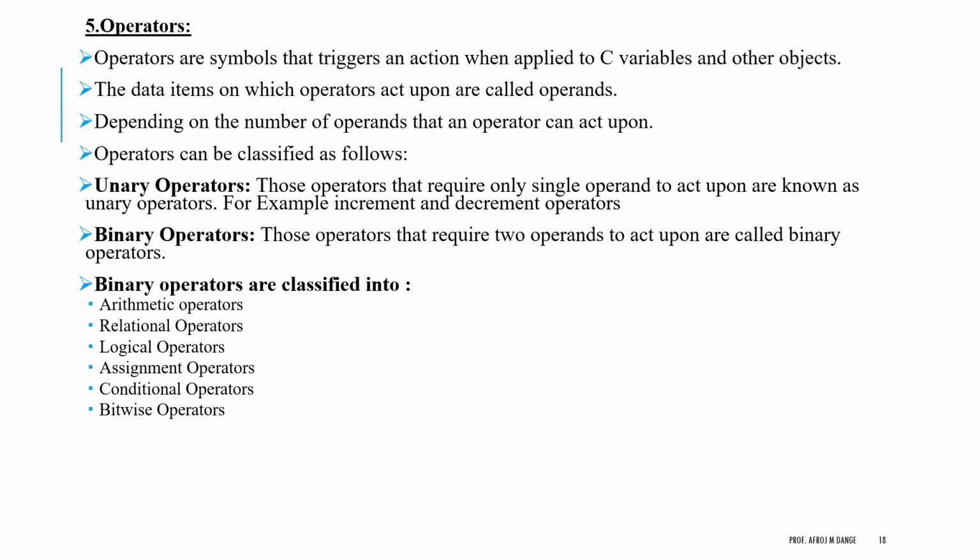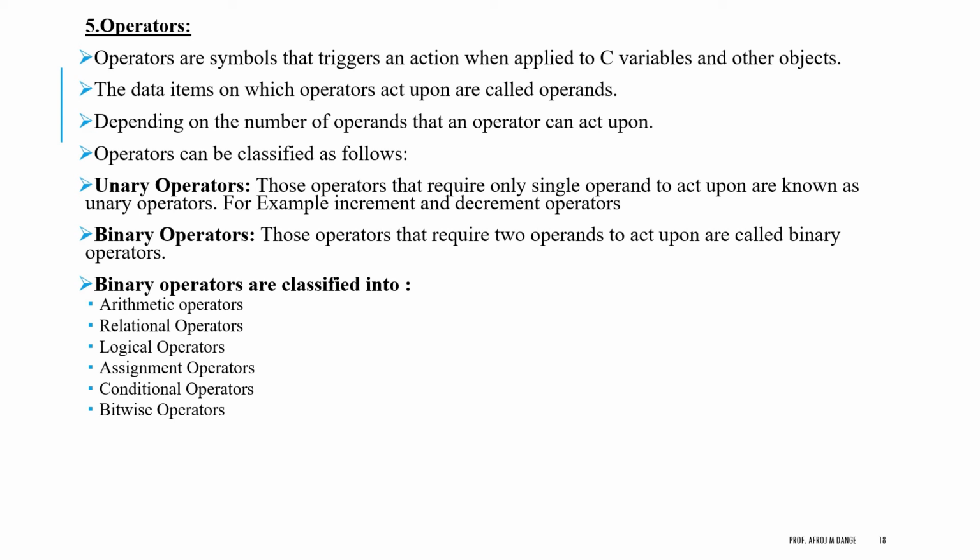Arithmetic operators are of two types, unary operators and binary operators. Unary operators are operators that work with a single operand. Binary operators are operators that work with two operands. Examples: addition, subtraction, multiplication and division. We will discuss these in detail later.